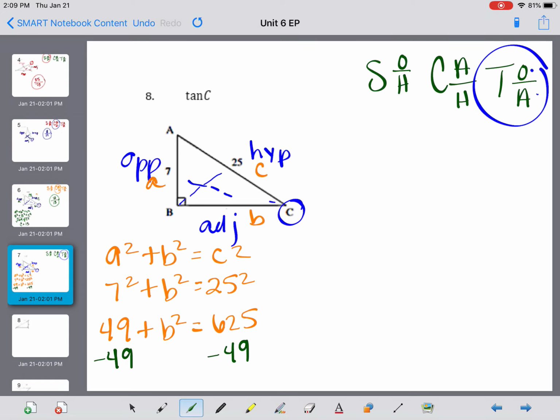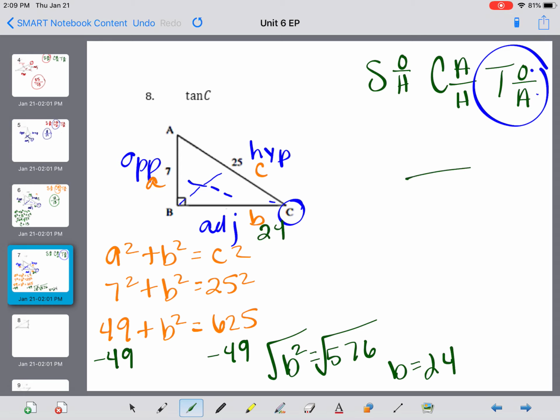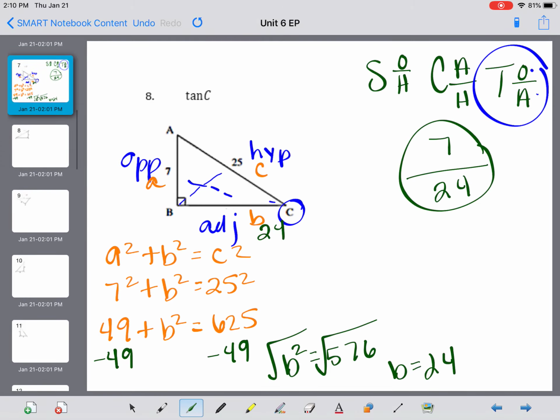So we get b squared equals 625 minus 49 gives us 576. Square root both sides, so b equals 24. So now when we find our tangent ratio, opposite over adjacent, that'd be 7 over 24. There we go.